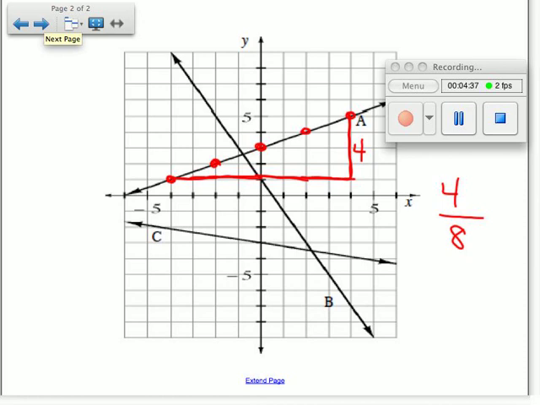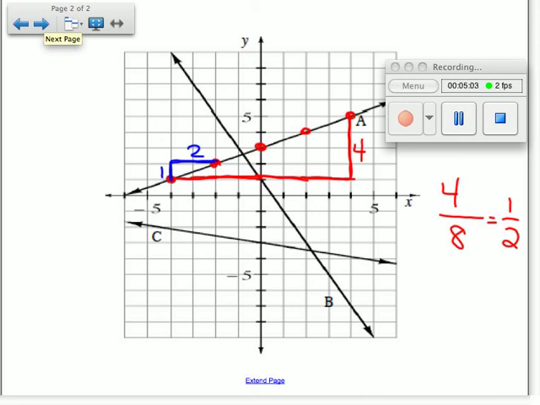Well, that as a ratio can reduce. And we know that it reduces to 1/2. Had we chosen 2 points that were closer, like these 2, we would have had a vertical change of 1 and a horizontal change of 2. That's where I would have gotten the 1/2.